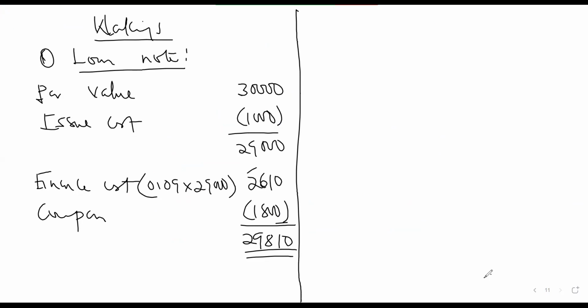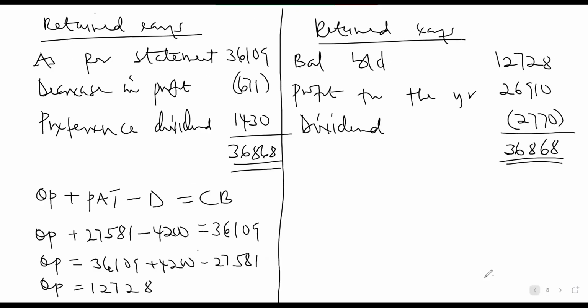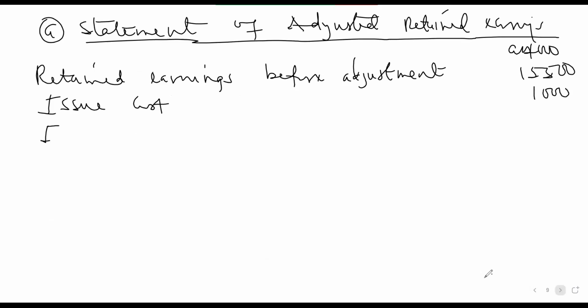But here, the interest is still in the trial balance, so it hasn't been written off against the profit. You take your finance cost as a full amount, a reduction of 2,610.